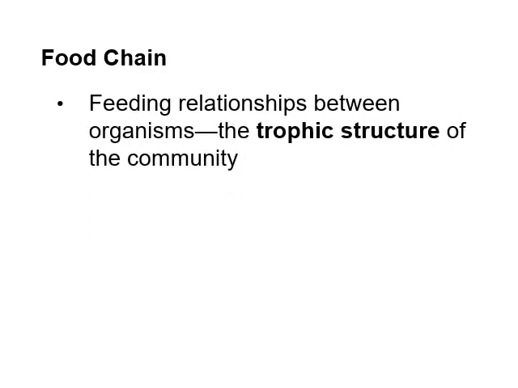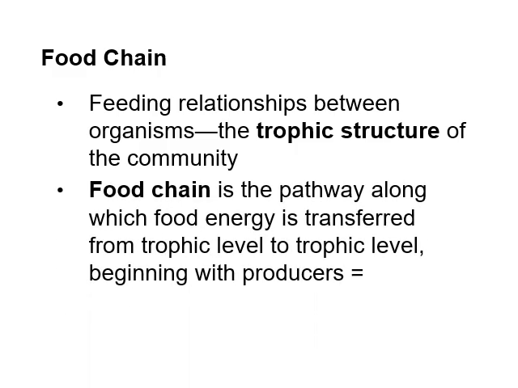Okay, so food chain adalah hubungan, feeding relationship between organism. Okay, the trophic structure of the community. So food chain ni sebenarnya adalah pathway yang mana food energy is transferred daripada satu trophic level to another trophic level. Kita mesti start dengan producers.